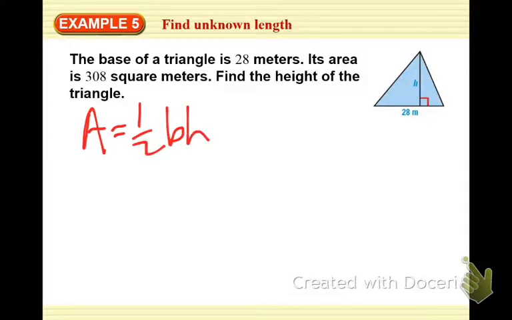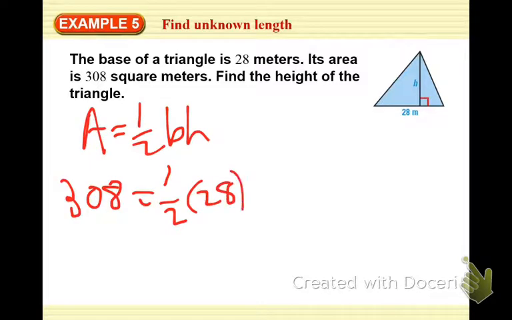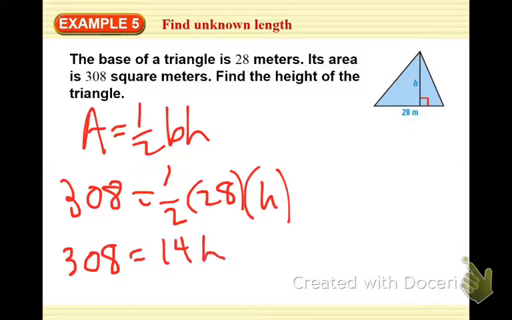And then you just plug in what you know. We know the area is 308. That equals 1/2, the base is 28, and the height is h. So we've got 308 is equal to 14 times h. How many times does 14 go into 308? 22?